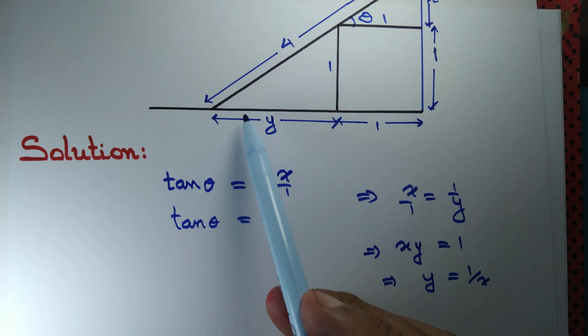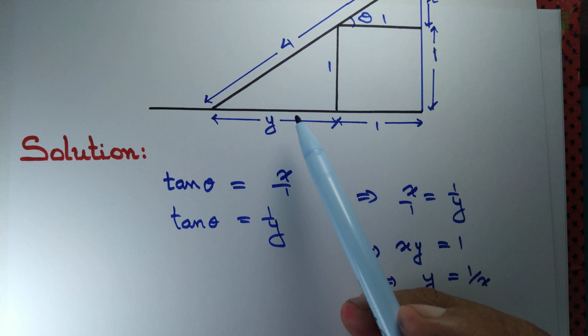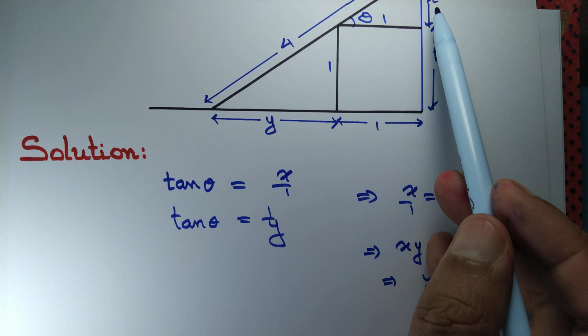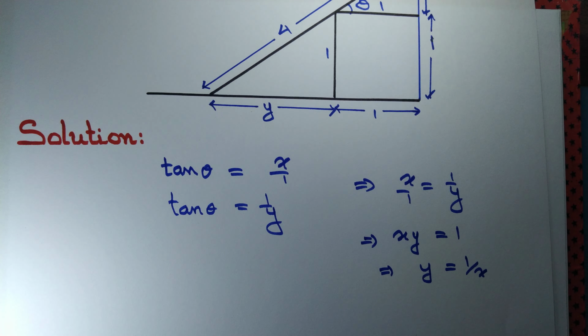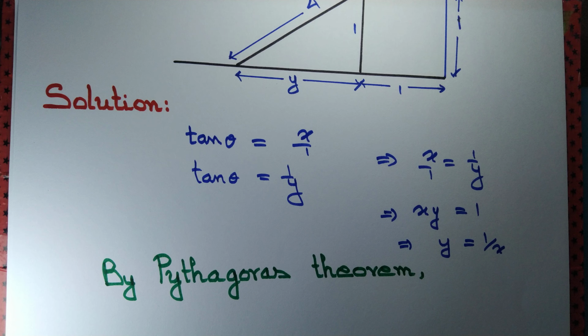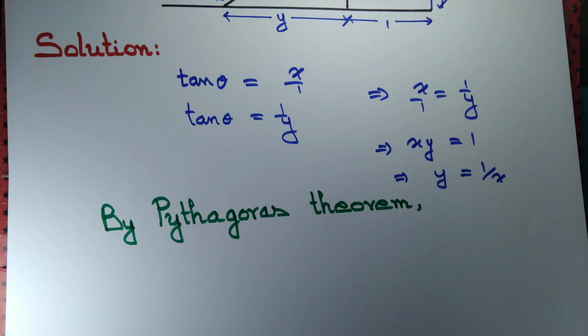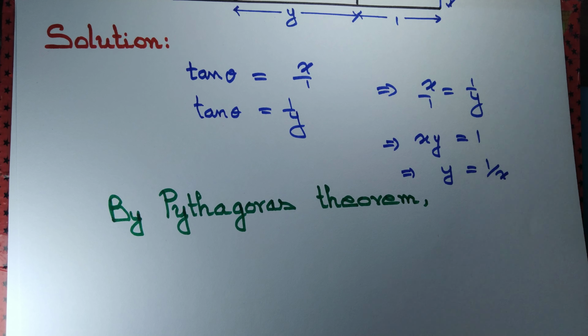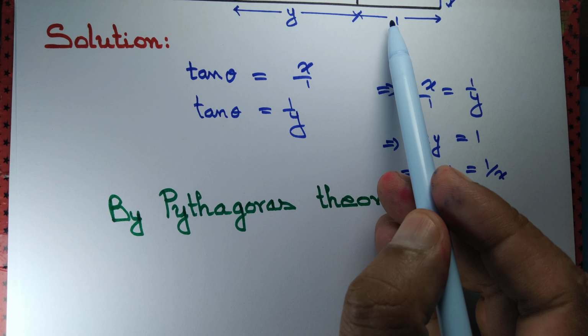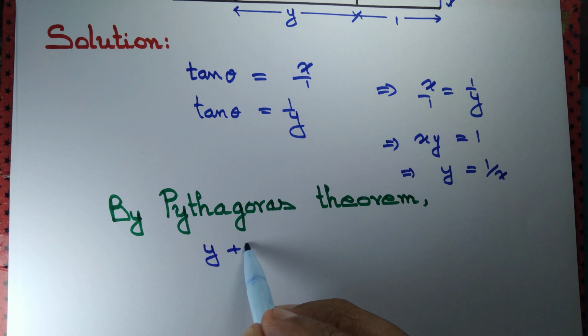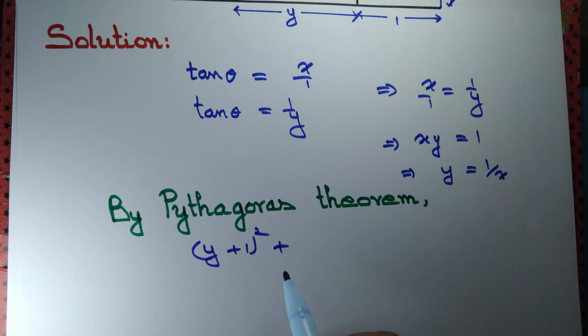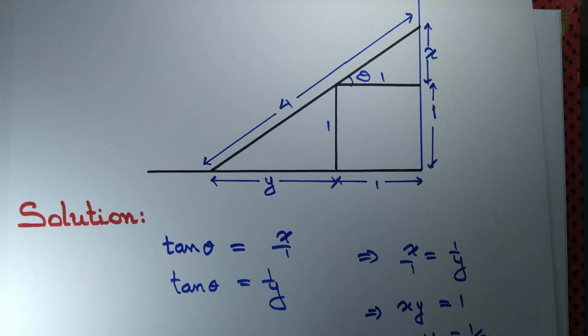Now let us apply the Pythagoras theorem, which says that base square plus perpendicular square equals hypotenuse square. The ladder will act as hypotenuse. So by Pythagoras theorem, base square, where base is y plus 1, so (y plus 1) whole square, plus perpendicular square.